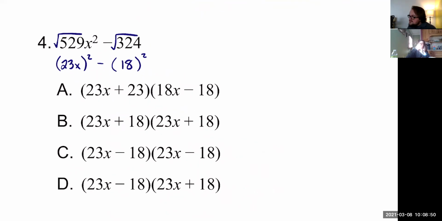So we want to make sure we get the pairing and the signs right. So if I was writing out these binomials, I'd have 23x plus 18, 23x minus 18.